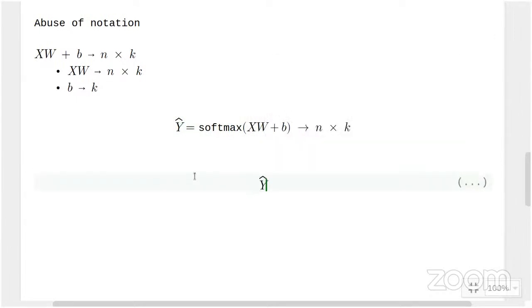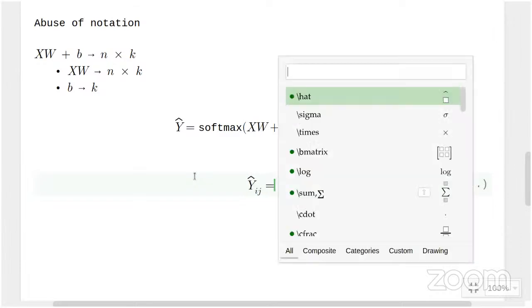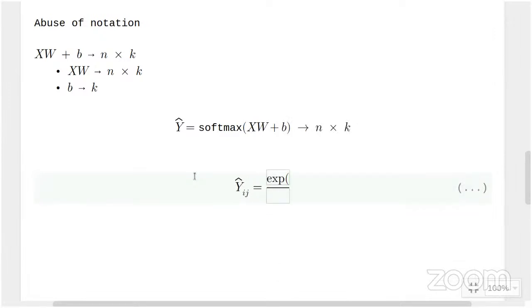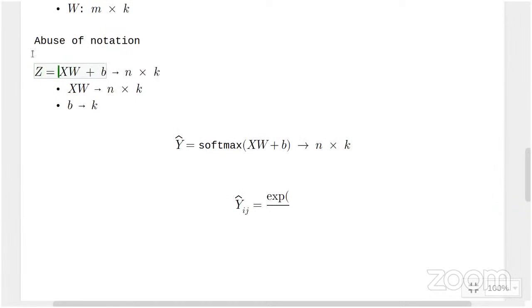Then for the ith data point and jth class, this is going to be of this form: e power the ijth element of this Z matrix, I think in the Colab it's called z, so let me also call this z.